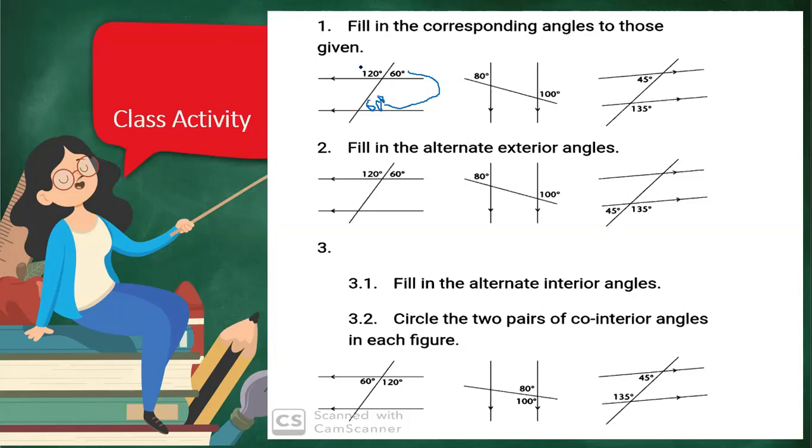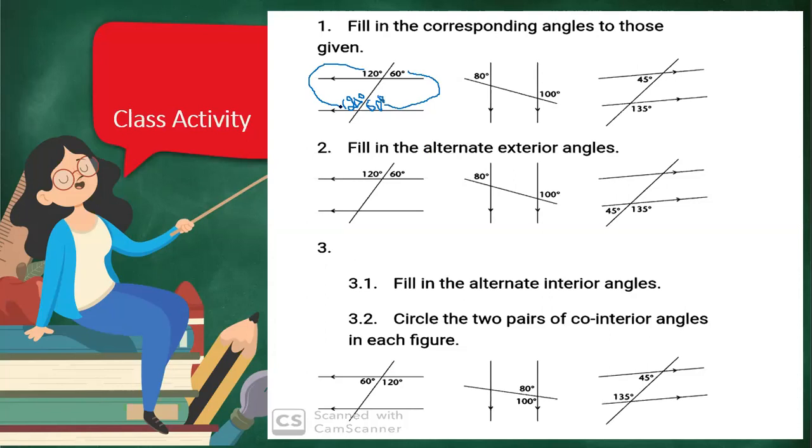So let's do another one right here. So one exterior, one interior. So we'll have our 120 degrees right here. Correct. So here's our second pair. Correct. So let's move on to number 2.